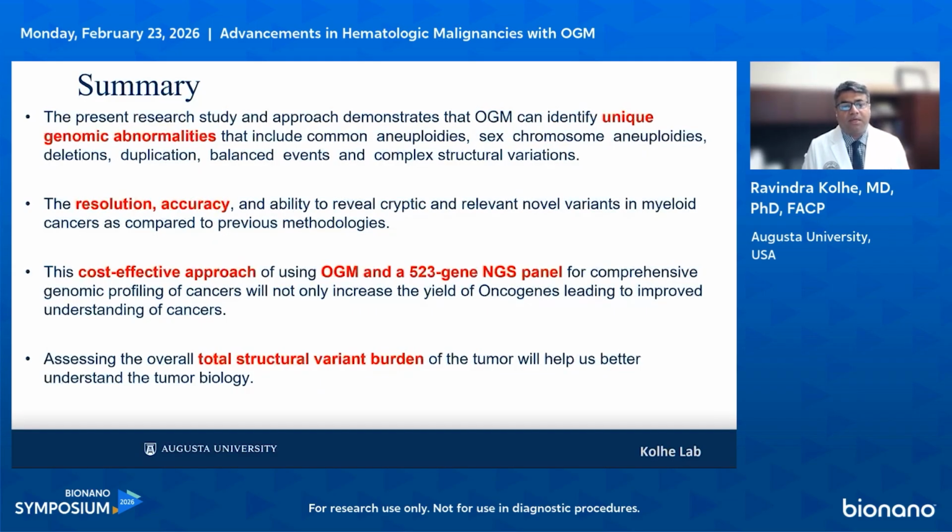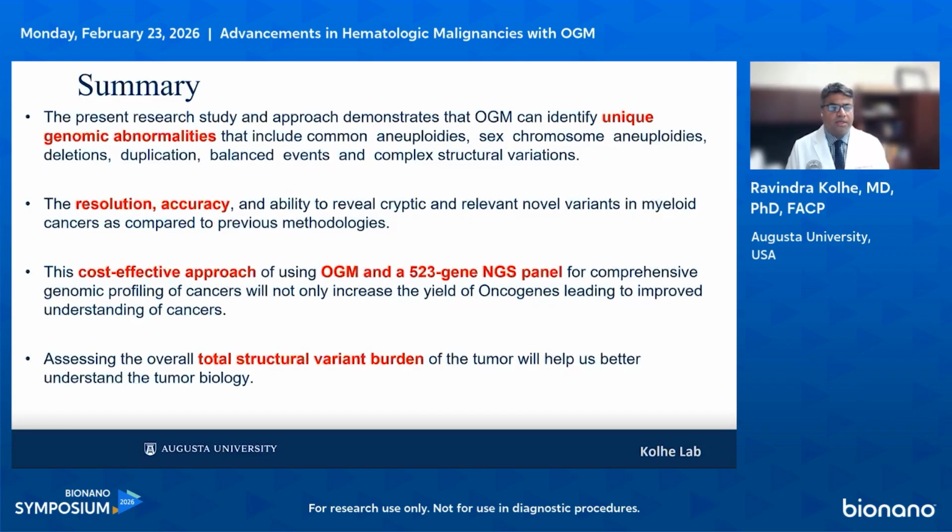The other pretty significant aspect of optical genome mapping in research is the significant increase in resolution and accuracy, especially the ability to reveal cryptic and relevant novel variants in myeloid cancers as compared to our previous methods.